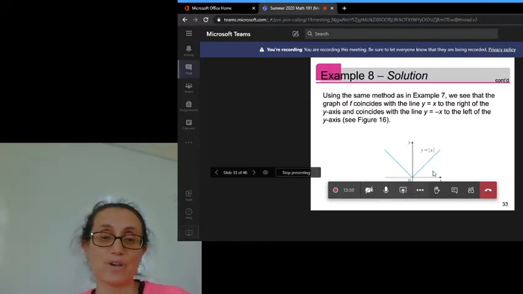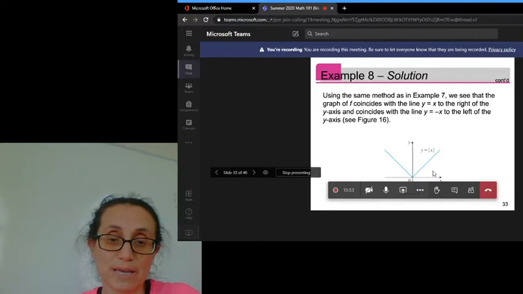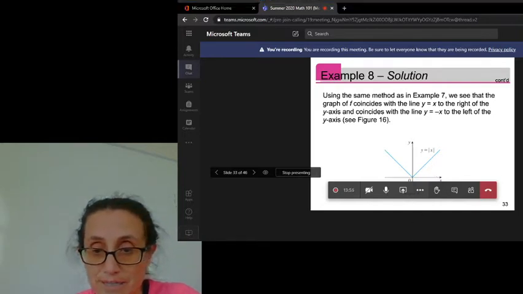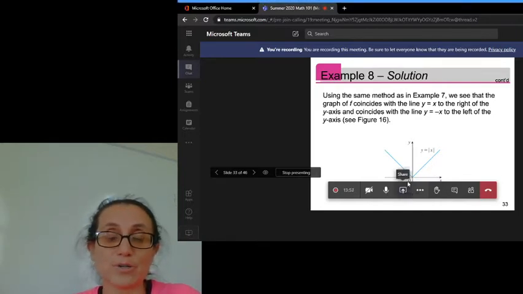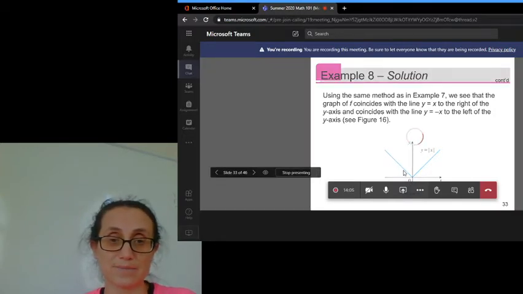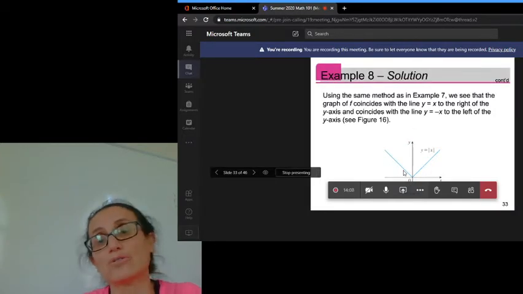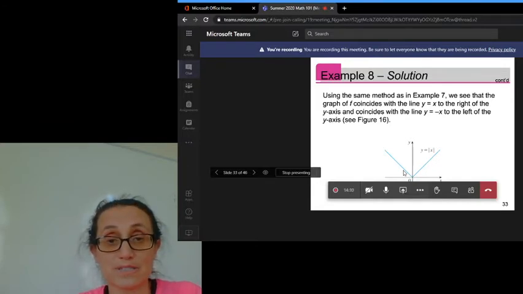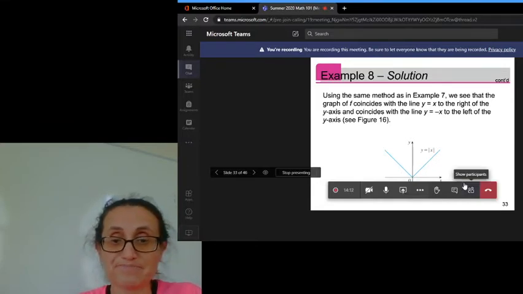But this is the absolute value, so what we are going to do is reflect the part that's below the x-axis along the x-axis, and we get this. So this is the V-shaped absolute value of x.